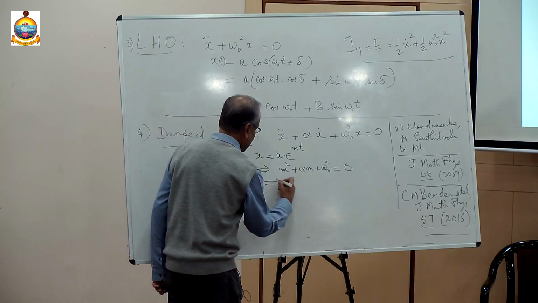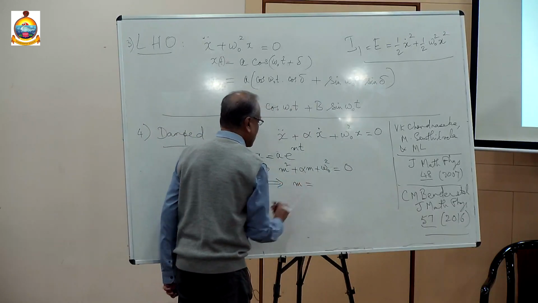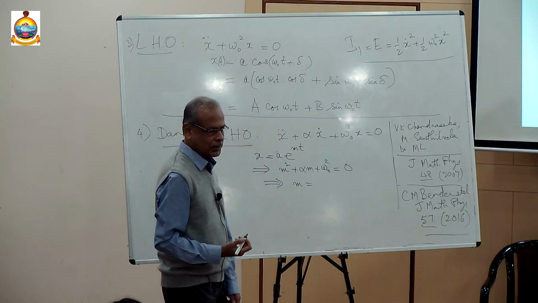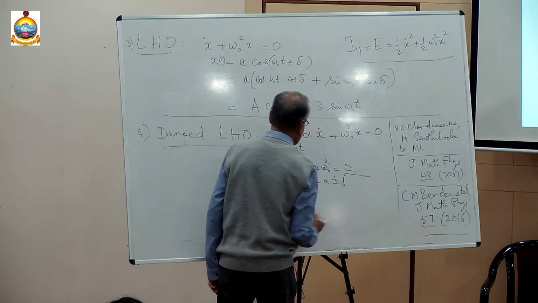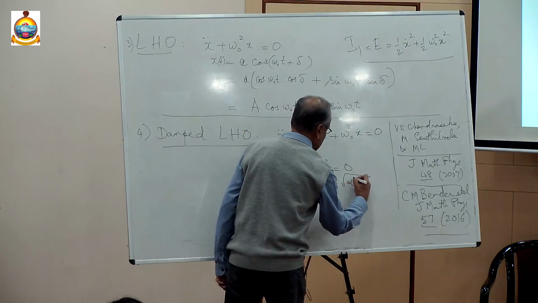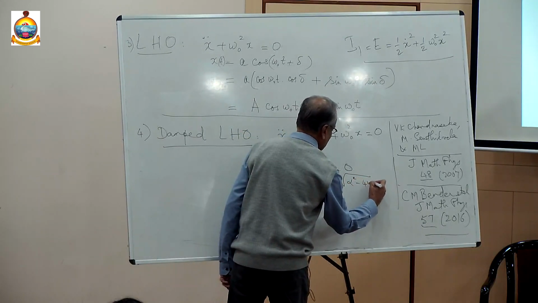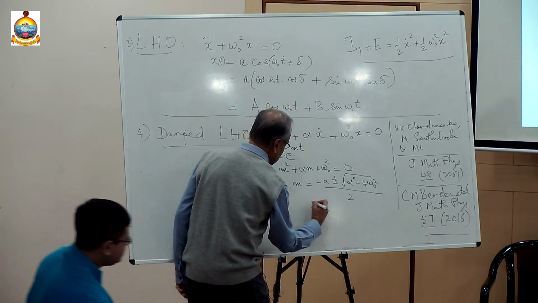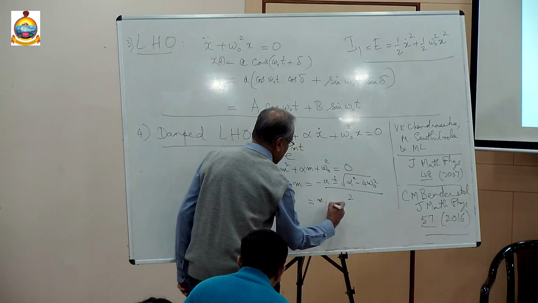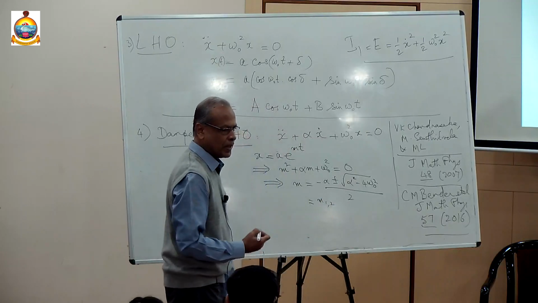Which means this is a quadratic in m, and m will have two possible solutions: minus alpha plus or minus root of alpha square minus 4 omega naught square, by 2, which you call m1 and m2.